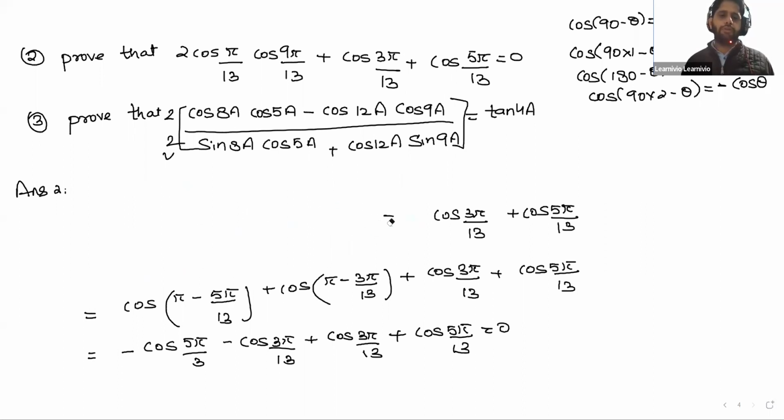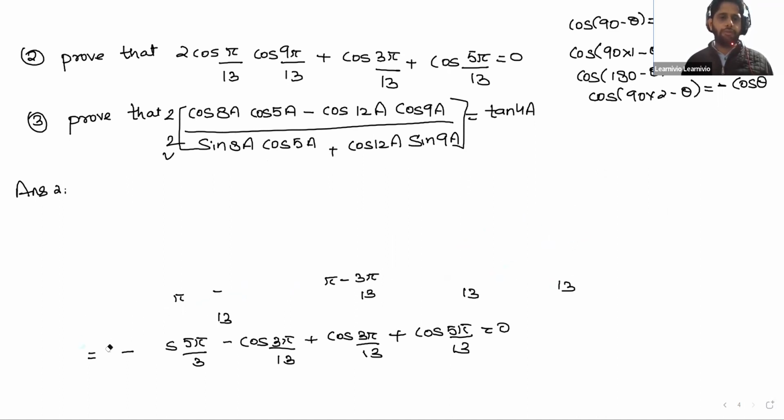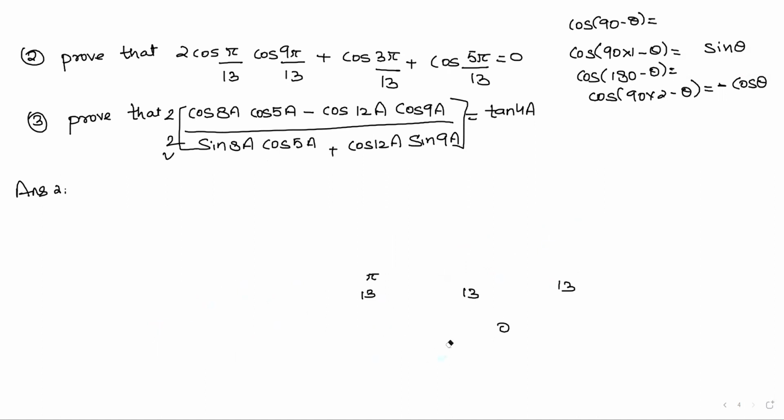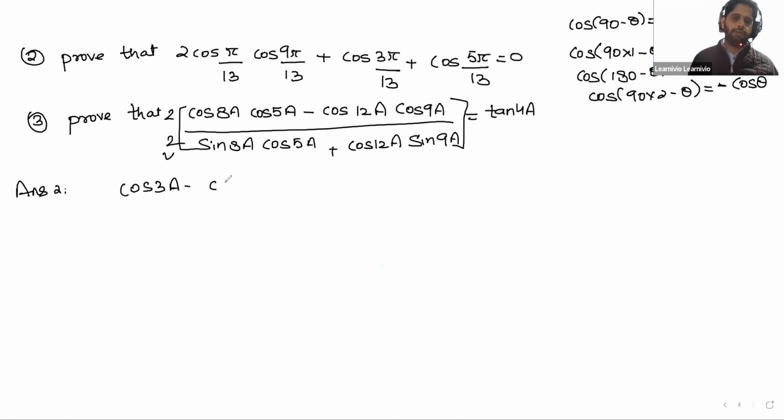So the first one, you got cos 3a plus cos 13a. Am I correct? Yes, sir. And the next one minus, here you get cos 3a minus cos 13a, minus, here you get cos 3a minus cos 21a.